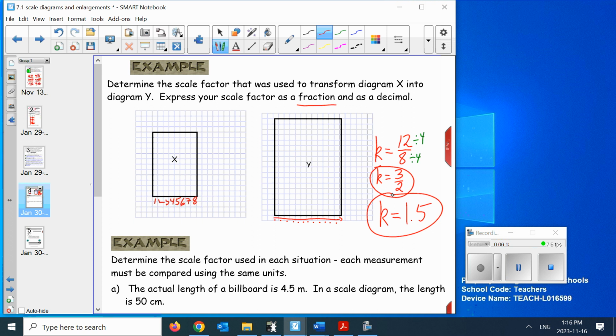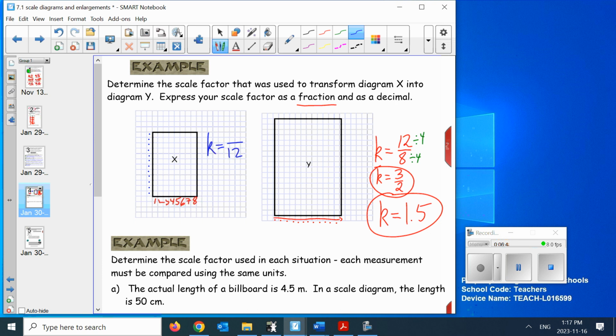Any other questions about that? So if you see 2 diagrams, determine the scale factor. You might be saying, well, what if I did it on the long side? I'm going to pretend maybe you were thinking this through. If I count this on the X, 1, 2, 3, up to 12. I'm just redoing this. It should be the same answer.